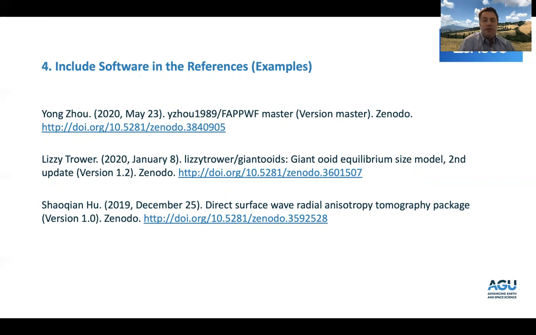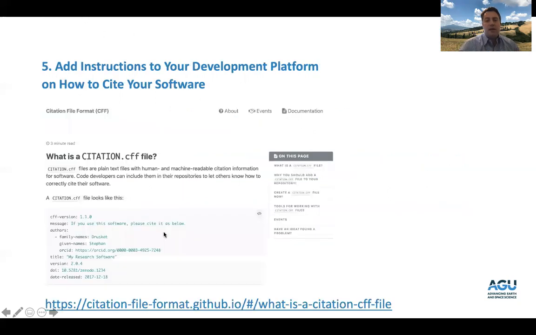And you can see below there's some other examples that do include a little bit of context of what is included in the software package to give a user sort of an understanding of what that is. In some cases, the software is included with other things, and so sometimes you have to really describe what's in that deposit to give the user a better understanding.